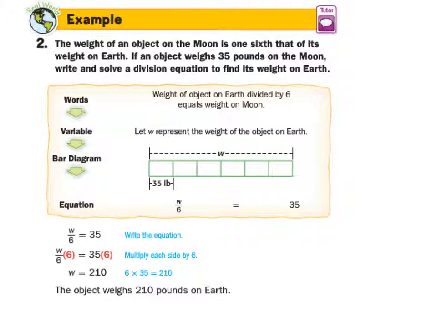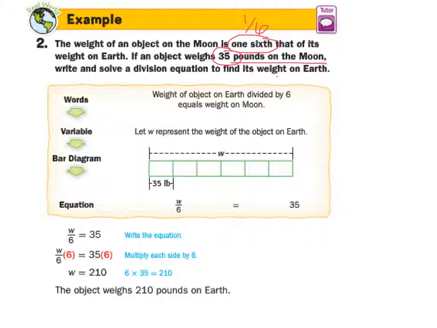So let's try a story problem. The weight of an object on the moon is 1/6 that of its weight on Earth. If an object weighs 35 pounds on the moon, write and solve a division equation to find its weight on Earth.